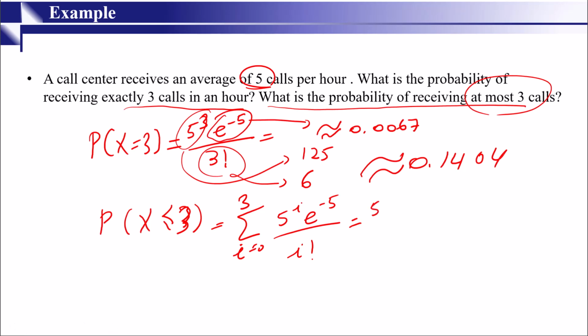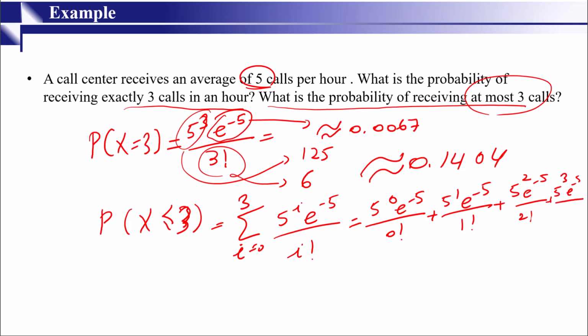So 5 to the power of 0 e to the power of minus 5 over 0 factorial, plus 5 to the power of 1 e to the power of minus 5 over 1 factorial, plus 5 to the power of 2 e to the power of minus 5 over 2 factorial, plus 5 to the power of 3 e to the power of minus 5 over 3 factorial. And if you do all these calculations, you will come up with approximately 0.2650.